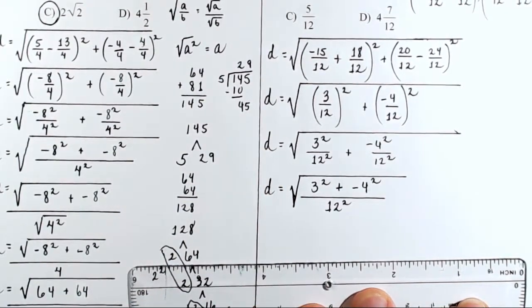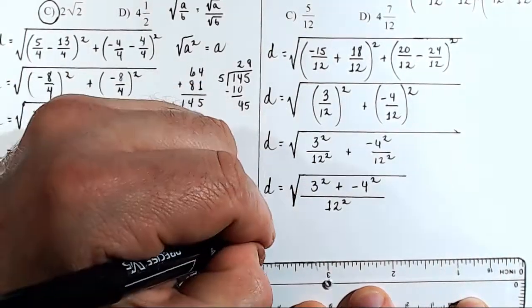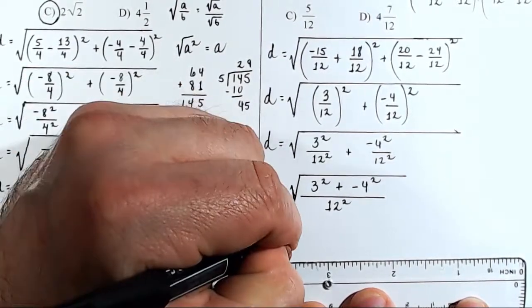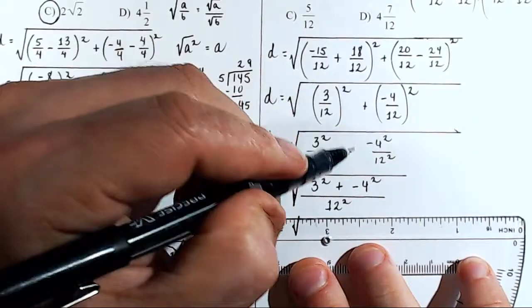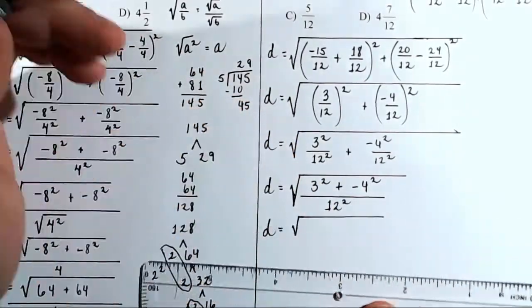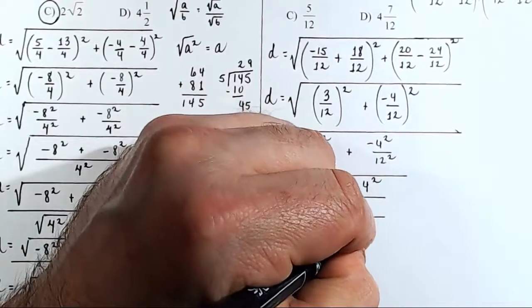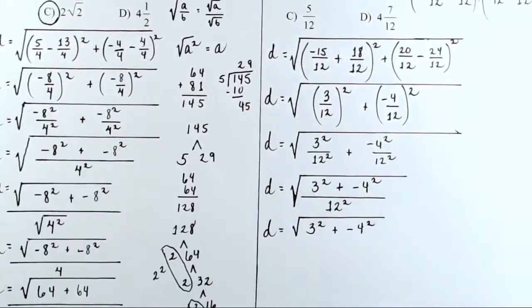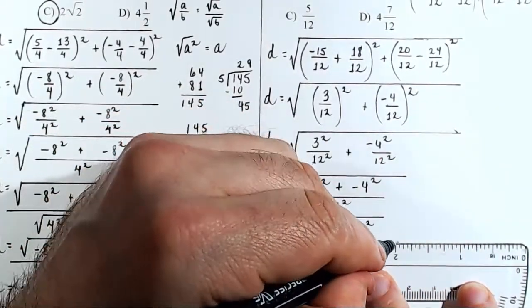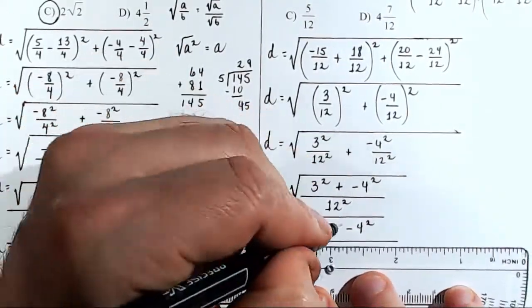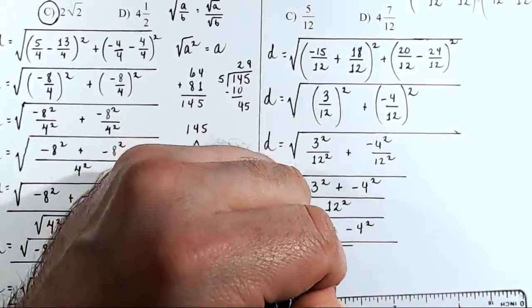Now we can break the square roots up by numerator and denominator. So D equals, okay, and I'll do a numerator square root and a denominator square root. The square root of 3 squared plus negative 4 squared, over the square root of 12 squared.